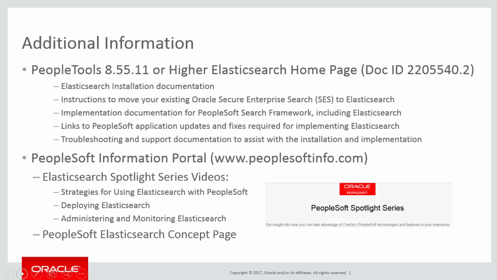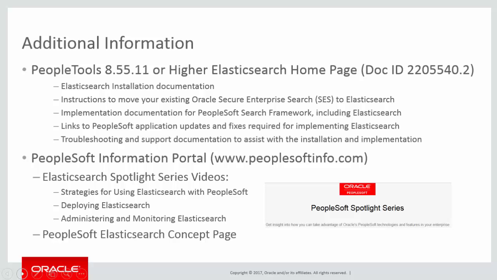Here's a brief summary of the additional resources available to assist in your transition from SES to Elasticsearch. Review the documentation on the PeopleTools 8.55.11 or higher Elasticsearch Home Page, Doc ID 2205540.2.